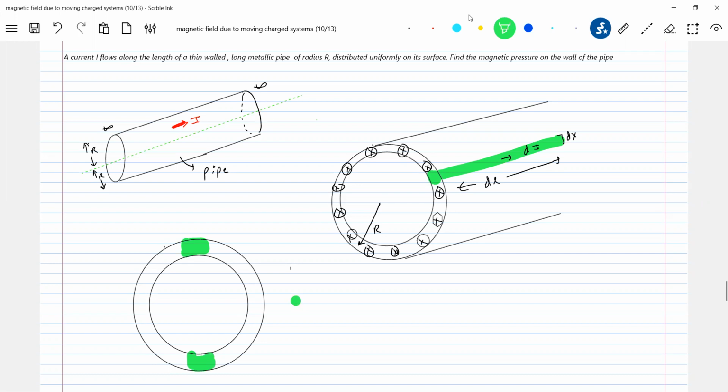How will the current be flowing here? The current will be into the plane. So how will this element produce B bar? This element will produce B bar like this, and this element will produce B bar. Like that, what is the resultant field inside the pipe? You check it.